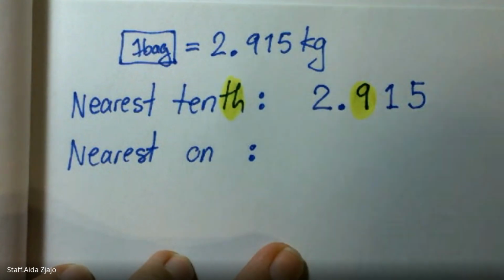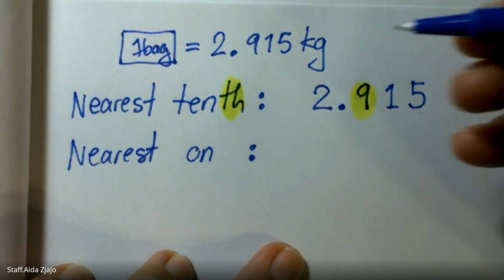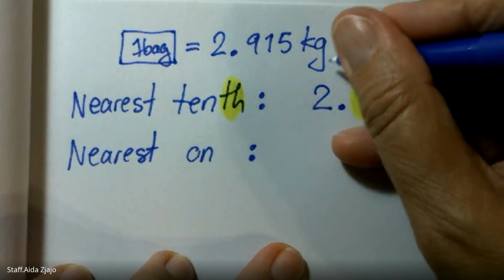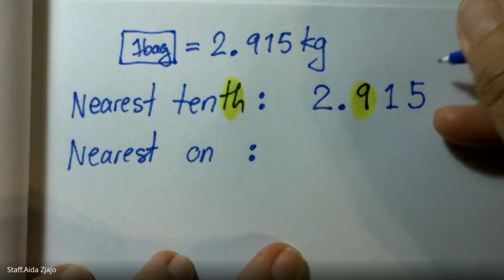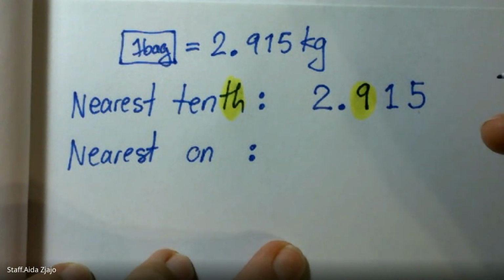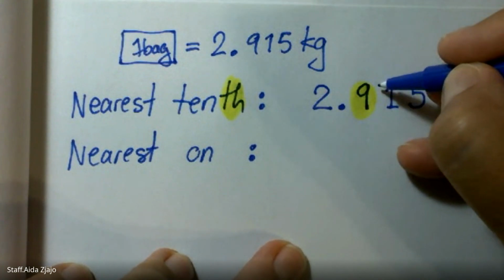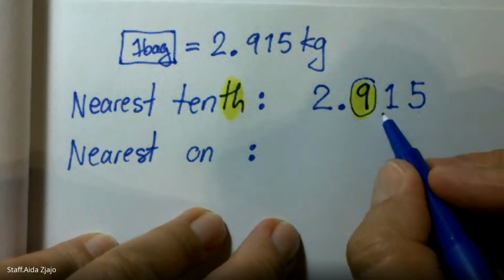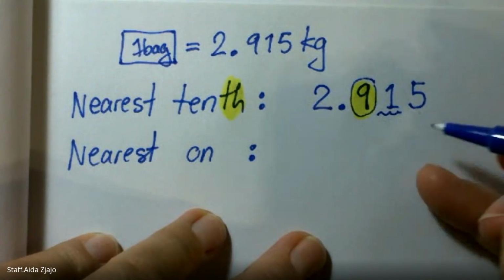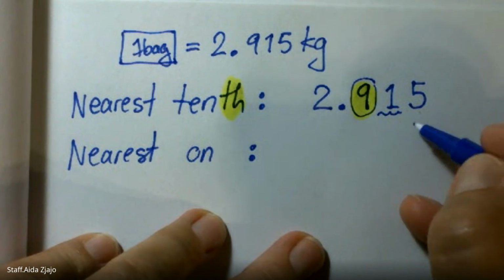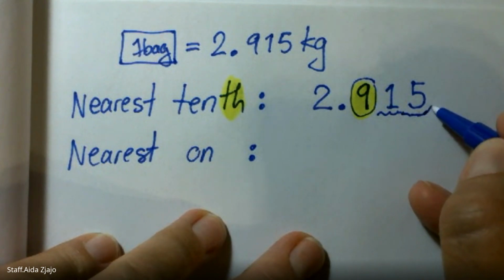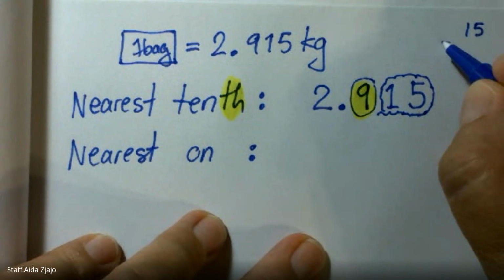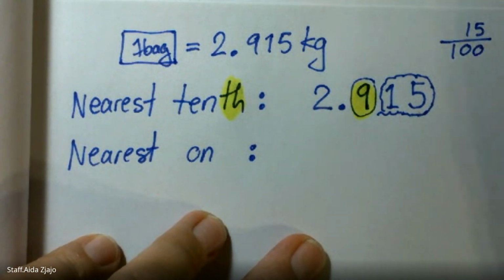If you want to help yourself, you can write on the top: ones, tenths, hundredths, thousandths. We need to round to the nearest tenth, and we look at how many hundredths we have. We only have 15 out of 100 pieces that make a whole.